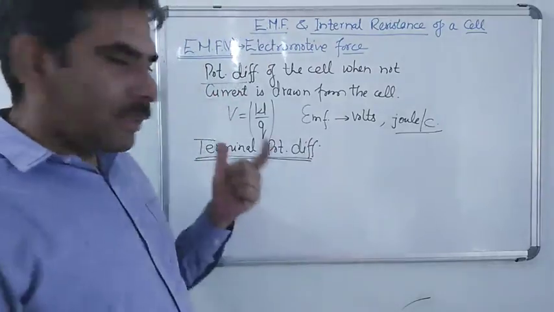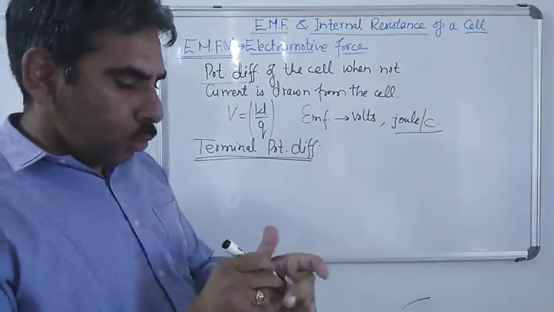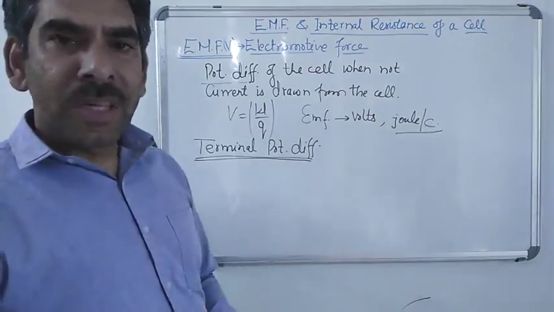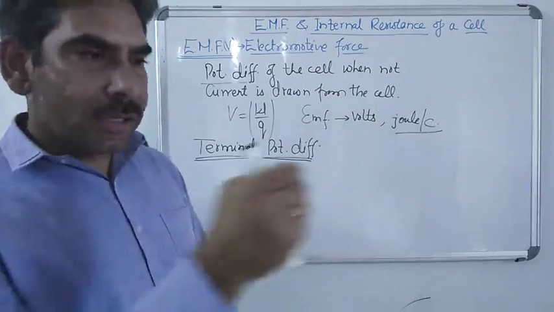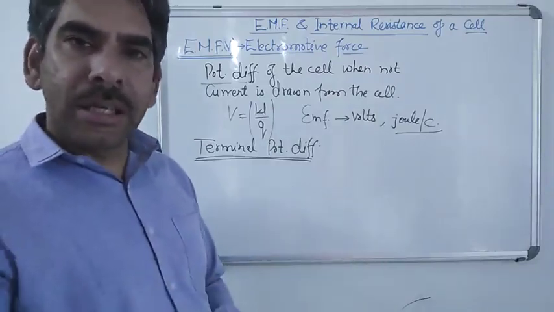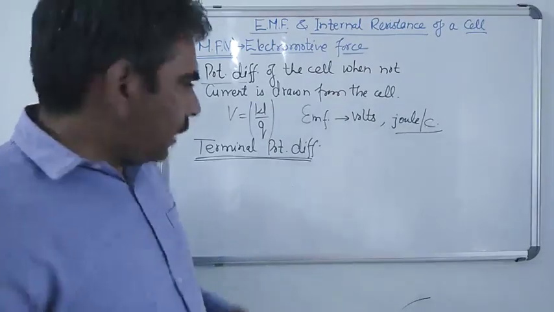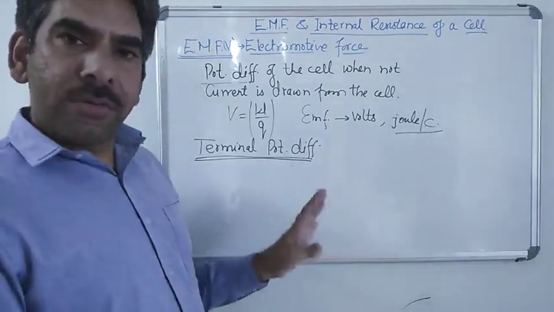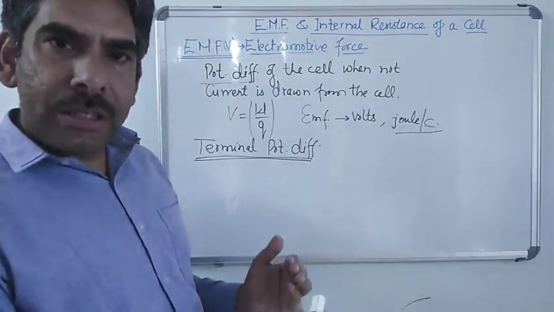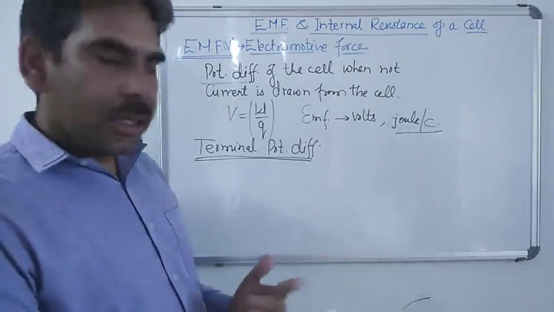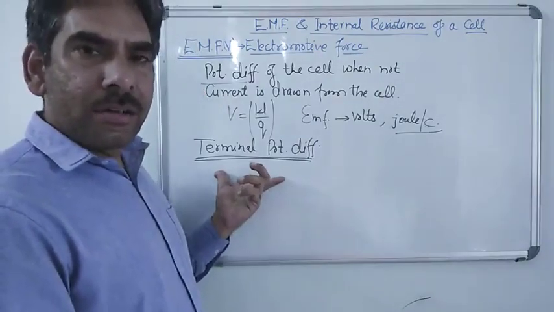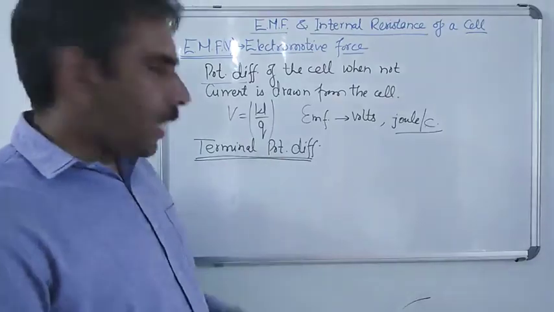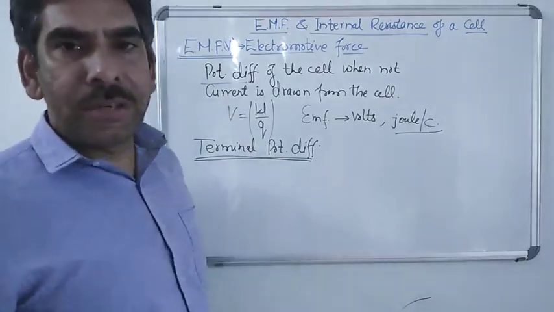It is that potential difference across the two terminals of the cell whenever the cell is being used in the circuit, or some current is being drawn in the circuit. Whenever we are drawing current from the cell, the potential difference across the two terminals of the cell is called the terminal potential difference, and it is less than the potential difference of the cell.